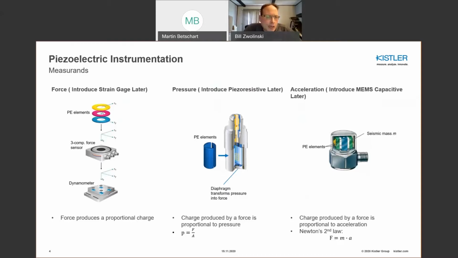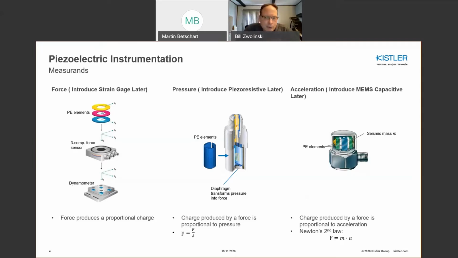With pressure, it operates in the same manner. You have a quartz stack, and you're stressing that with a force. You're getting a charge that's proportional to pressure. That's calibrated for pressure events, and then your calibration certificate would be in terms of, say, picocoulombs per psi or picocoulombs per bar, or even millivolts per bar or psi.